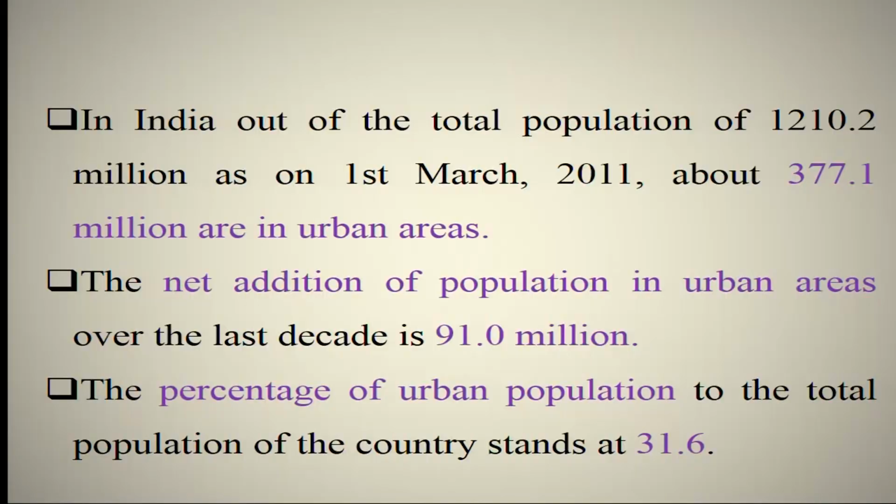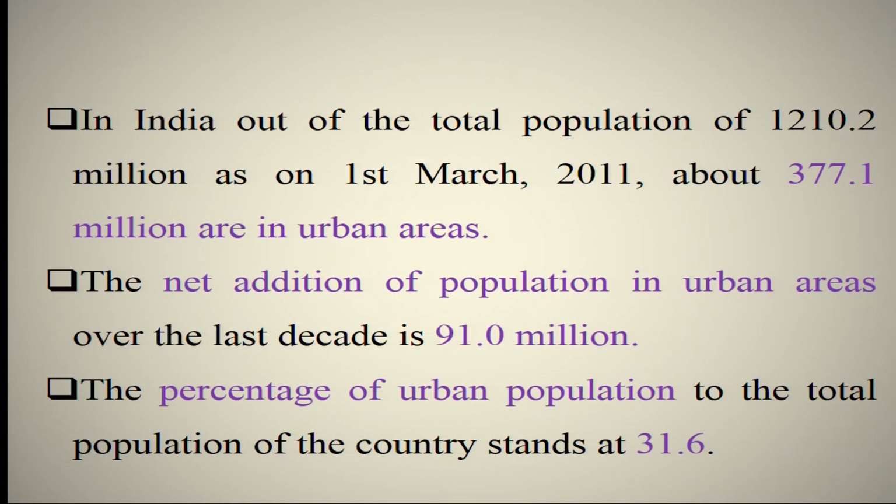In India, out of the total population of 1,210.2 million, as on 1st March 2011, about 377.1 million are in the urban areas. The net addition of population in urban areas over the last decade is 91.0 million.